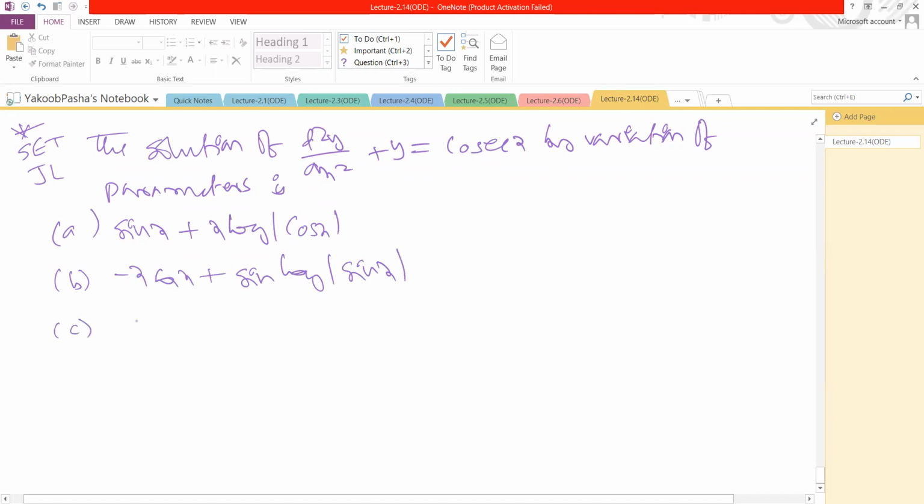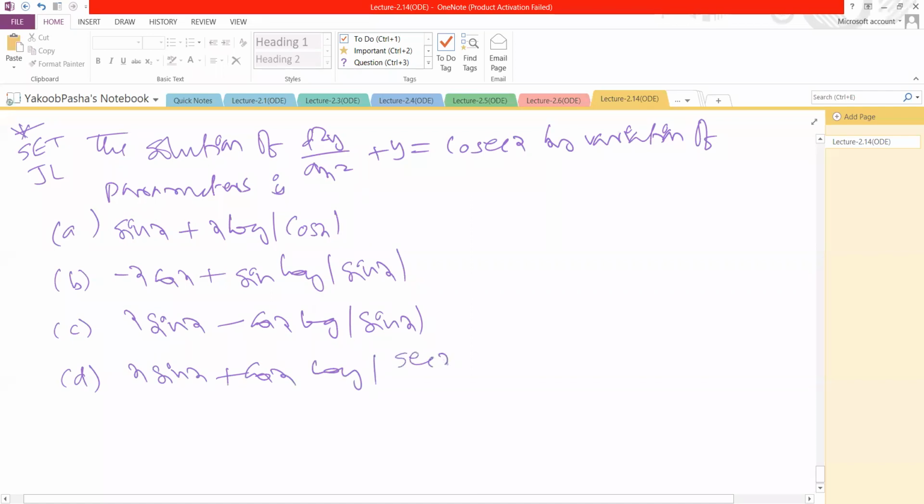And option C, x sin x minus cos x log modulus of sin x. And option D, x sin x plus cos x log secant x. Okay, these are the options here.